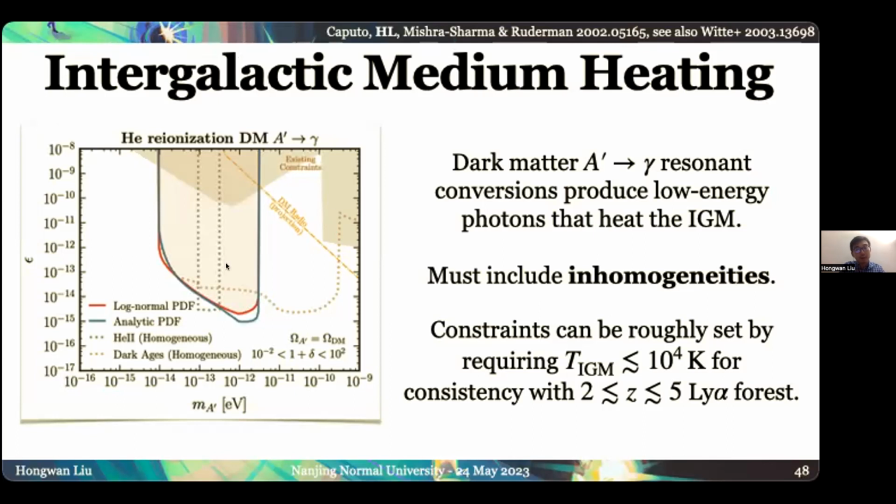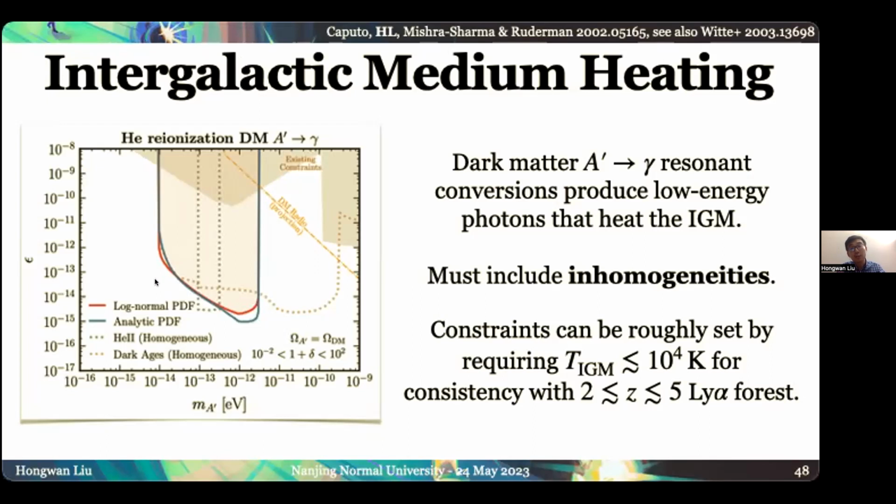Again, on the left here, I'm showing you a plot of m_A' against epsilon, assuming that we have dark photons making up all of the dark matter. And you can see that for even an epsilon as small as 10^-13, you get too much conversion of dark matter into these low frequency photons, which leads to too much heating, and you're ruled out by the Lyman-alpha data.